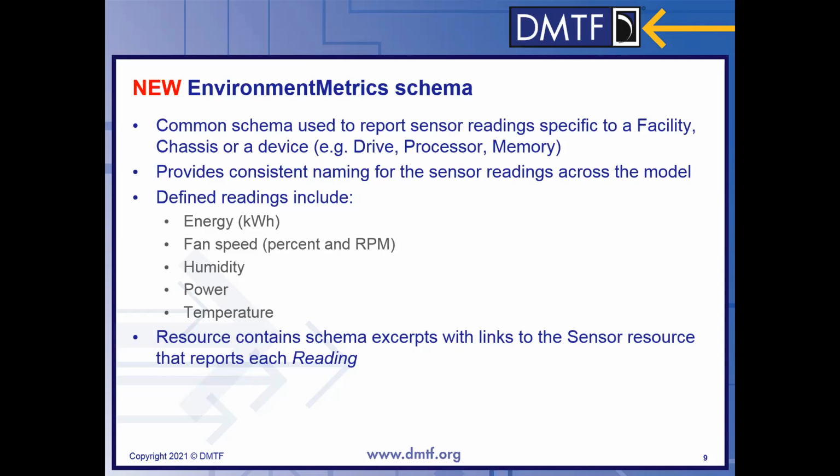So just like the other uses in the temperature metrics and the power supply metrics, this resource is very sparse with just the readings of the sensors themselves, and then pointers off to the individual sensor resources that back those readings up and all the metadata that go along with it. And so that uses the schema excerpt concept that we introduced a year ago. But you can follow those links, and it should be pretty straightforward to understand what's going on.